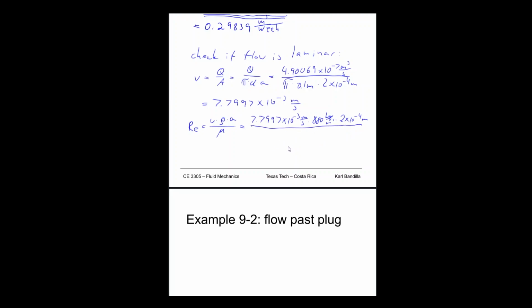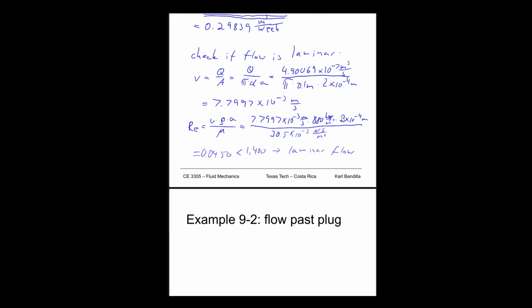And we have to divide that by 30.5 times 10 to the minus 3 Newton seconds per meter squared. Plug in those numbers, we get 0.0450, which is of course less than 1,400, which means we had laminar flow. Which means that the approach that we took to find the flow rate was valid.